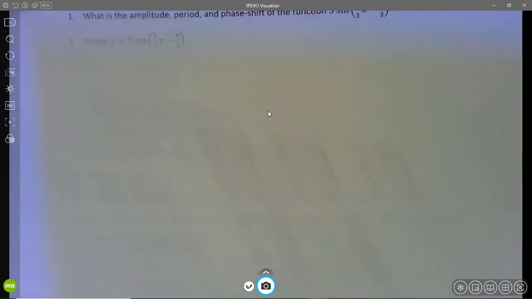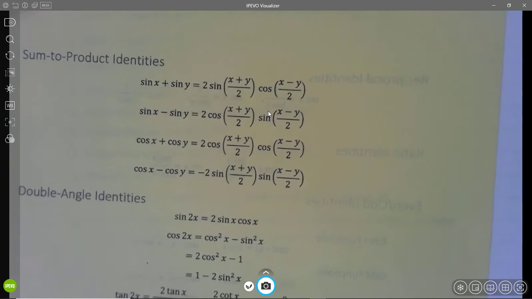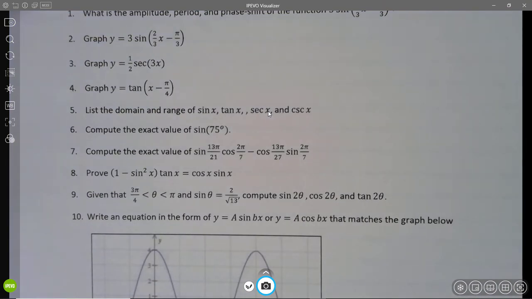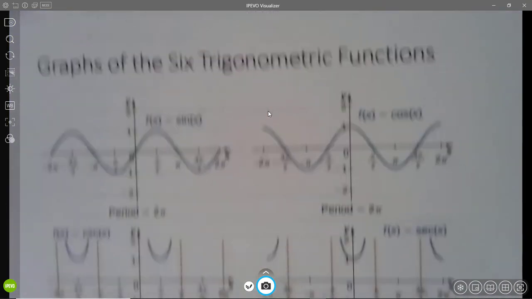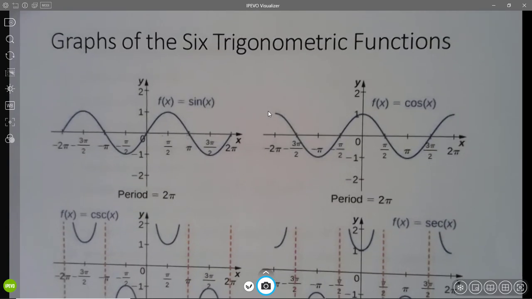I have, of course, my double-sided sheet of trig identities, and I want to say a little bit about some of these tonight before I go to problem solutions. And then I mentioned in class that if you go back, I think it's week 5, you'll find a heading under the week 5 folder that says graphs of trig functions.